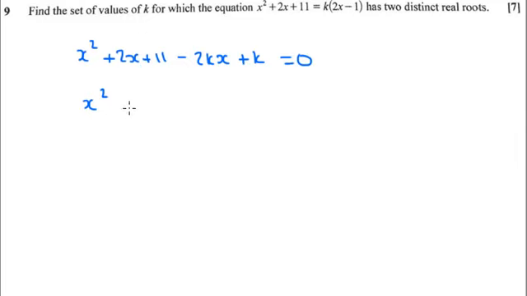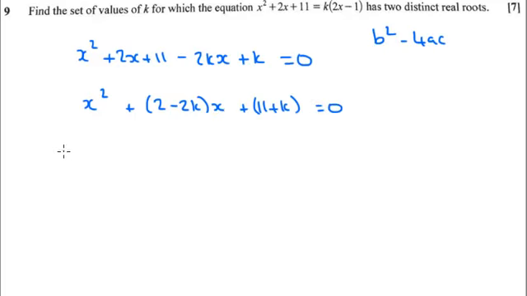So that's going to be, I've got a 2 and I've got a minus 2k. Because now I can treat that as my b term in b squared minus 4ac. And my c term is going to be the 11 plus the k, the bit without the x or the x squared.